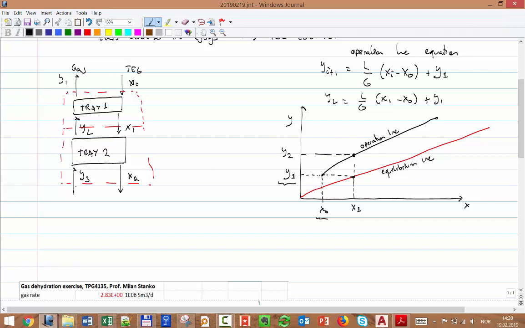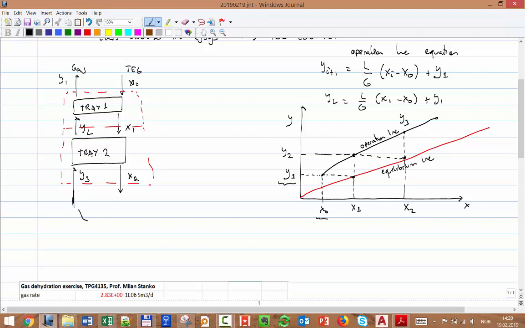Well, let's say we have only 2 trays. So we can go to the right to find X2, and then finally we find Y3.